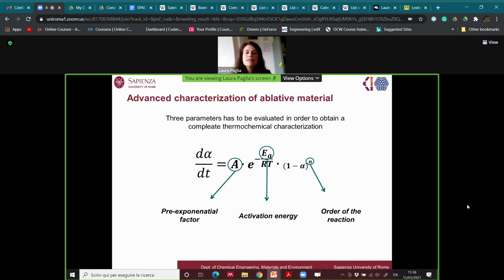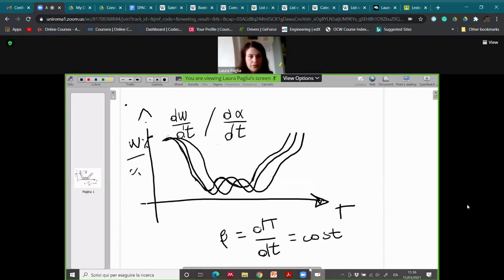But in this case I think this method could be understood very easily, and it is also very interesting.